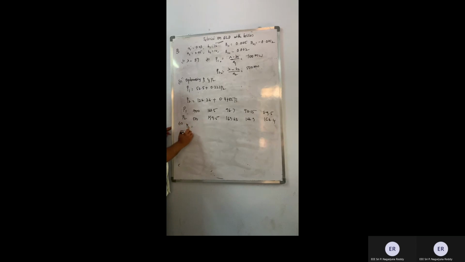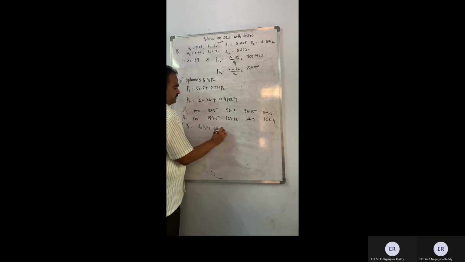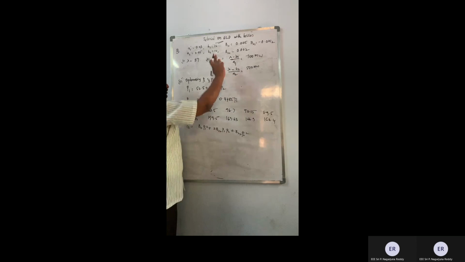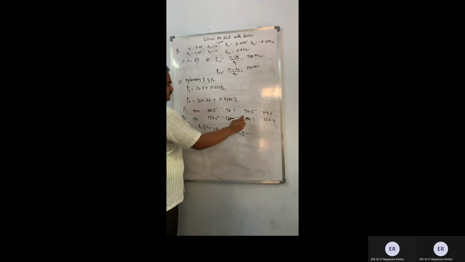Now we will calculate PL. PL is B11 P1 square plus 2 B12 P1 P2 plus B22 P2 square. So B11, B12, B22 values we do have, and P1 and P2. I am taking these values.